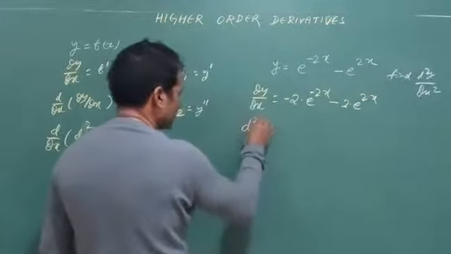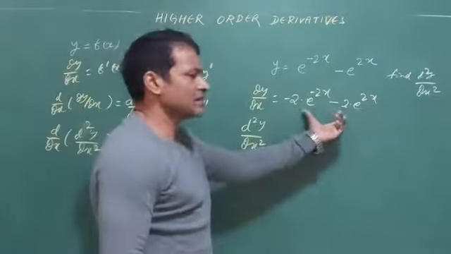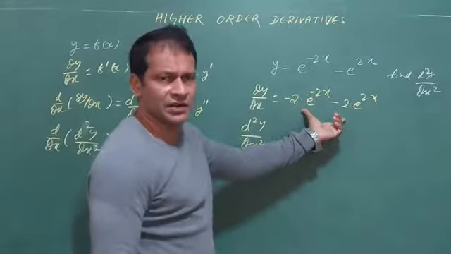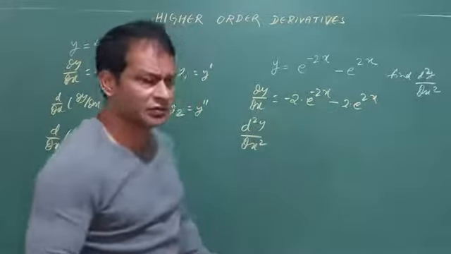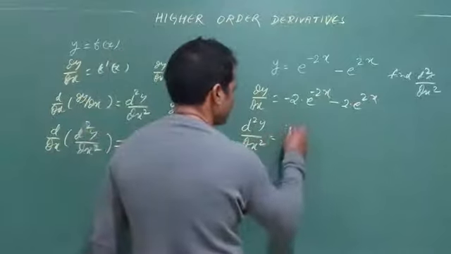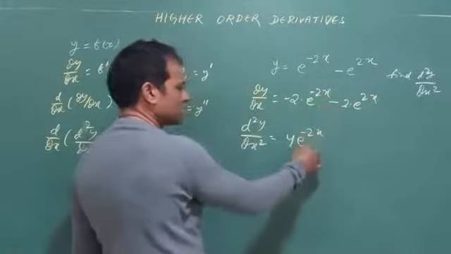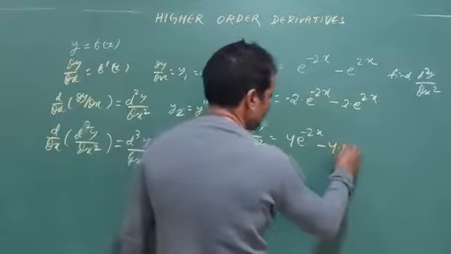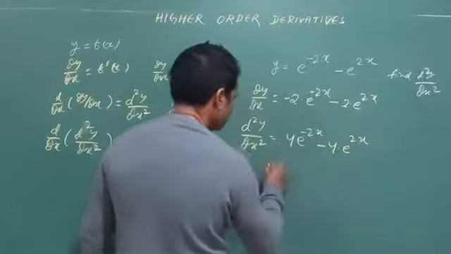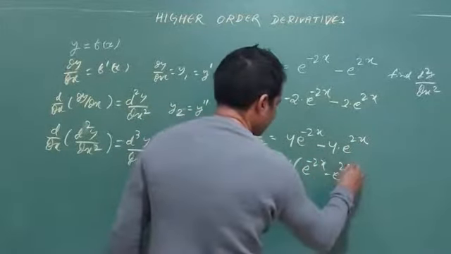Again go for the derivative. Just treat this as a normal function whose derivative I have to find out. So that gives you now 4 e to the power minus 2x, because the derivative of e to the power minus 2x is e to the power minus 2x into minus 2, minus 4 into e to the power 2x. That becomes 4 e to the power minus 2x, minus 4 e to the power 2x.